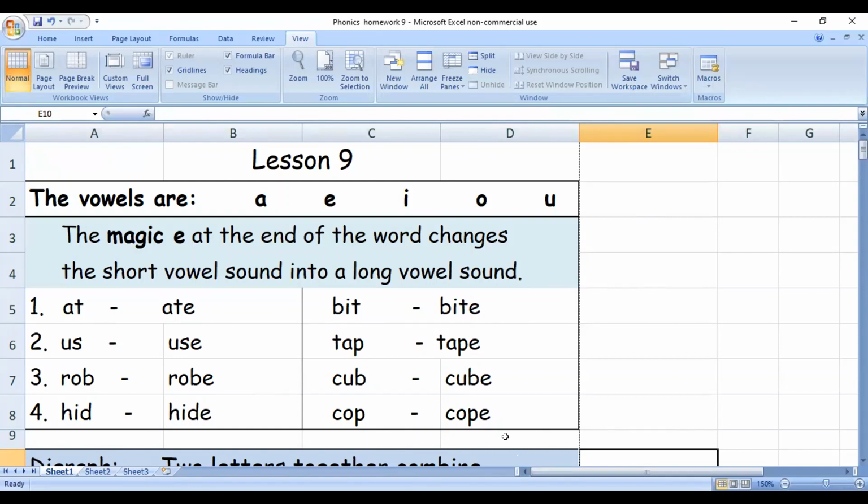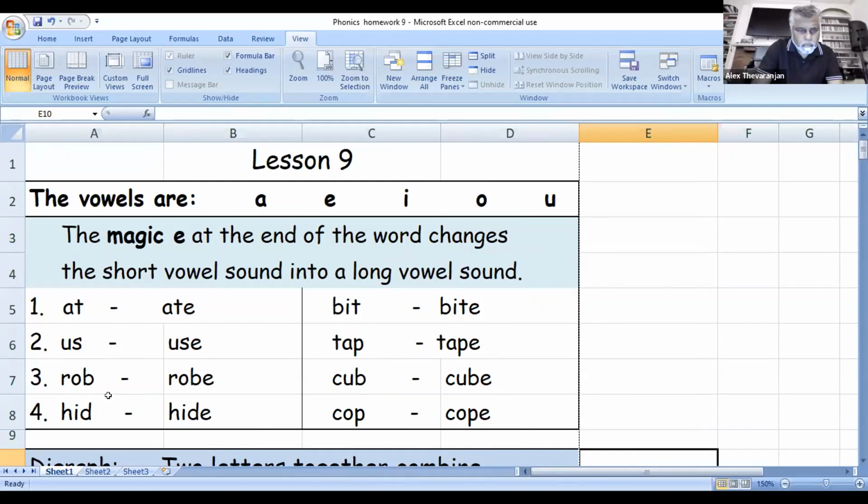Okay, can you read the whole thing? At, ate. Bit, bite. This word is bite. Okay. Us, use. Tap, tape. Good.